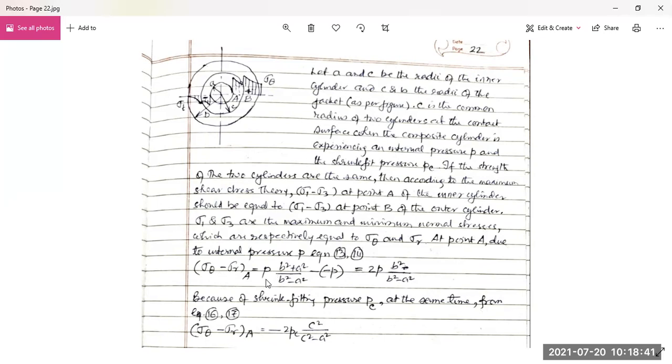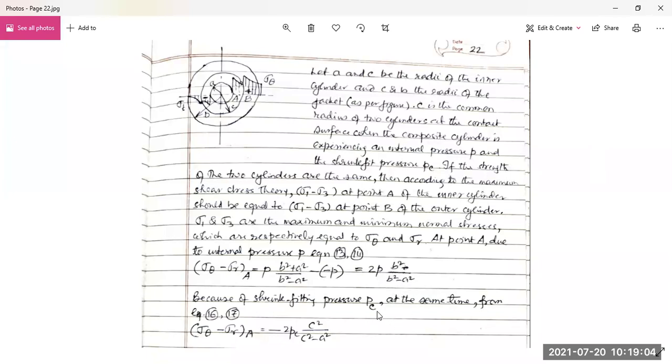Well, if you subtract sigma r from sigma theta at the point A, it will become P multiplied by B square plus A square, and minus P, equal to 2 P B square divided by B square minus A square.